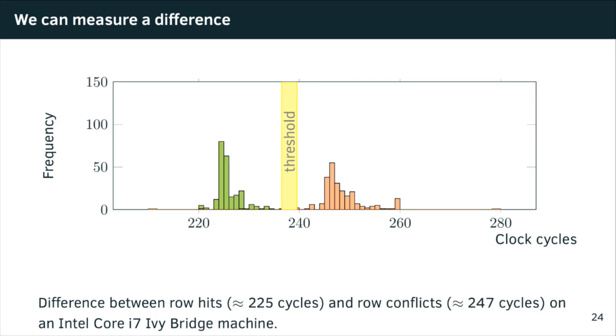If we put these two together, we can see that there is a very nice threshold: the green, the row hits, is almost always faster than the row misses, meaning we're able to distinguish from outside if a row was in the row buffer or not.